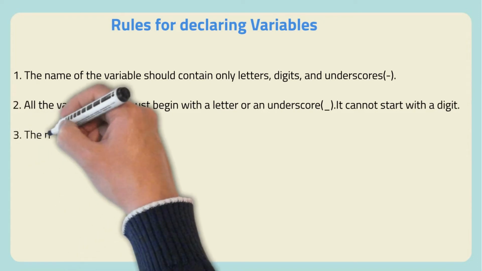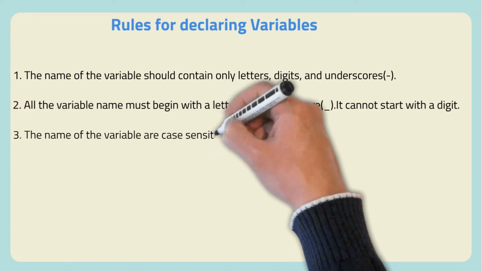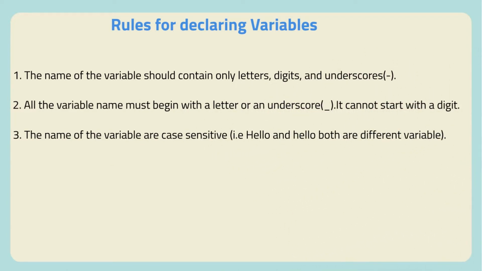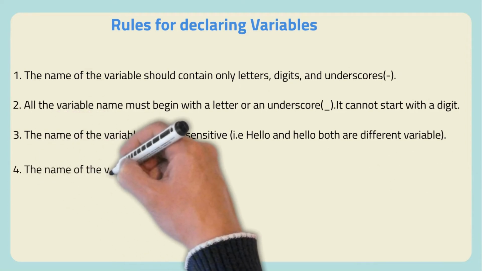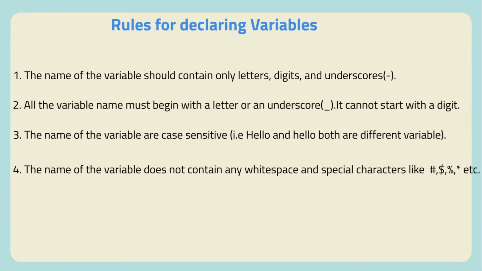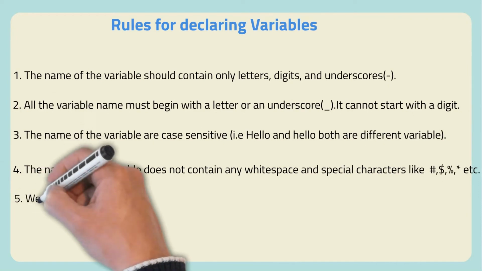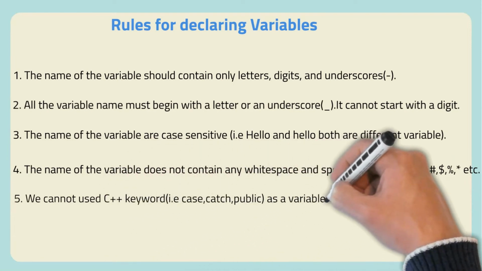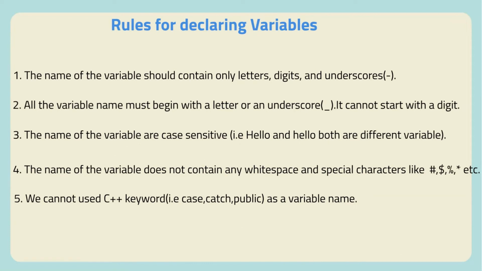Variable names are case sensitive, meaning Hello and hello are different variables. 4. The variable name cannot contain any white space or special characters like #, $, %, *, etc. 5. We cannot use C++ keywords like case, catch, or public as a variable name.